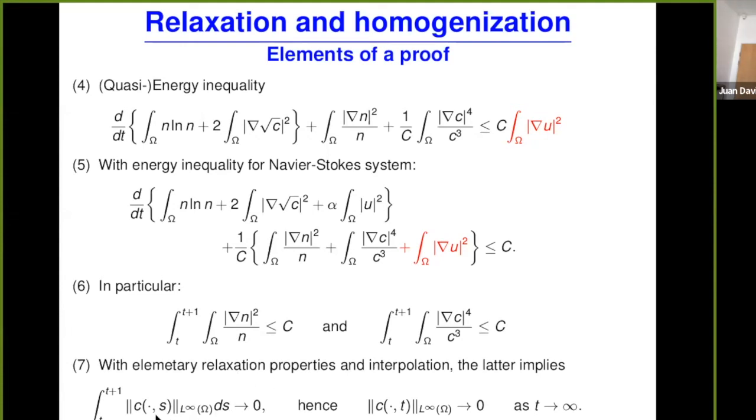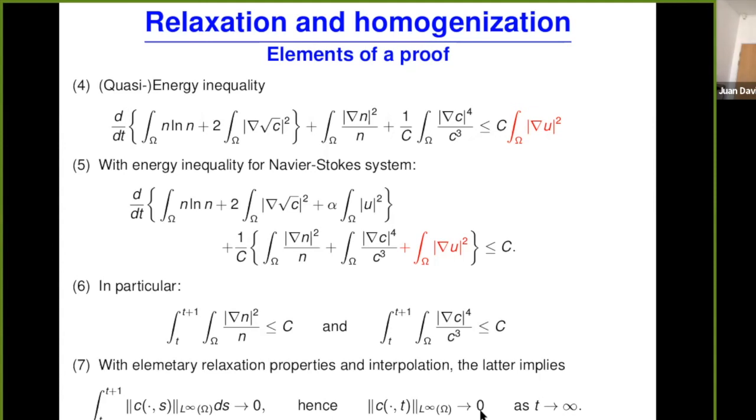You see that the L infinity norm of C has to go to 0 first in some averaged manner here, which comes from the interpolation trick here. But then, because it is decreasing in time, because of the maximum principle, it has to decay in a clean manner, without integral.